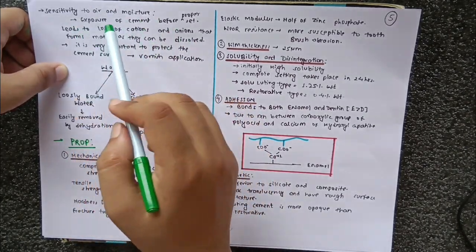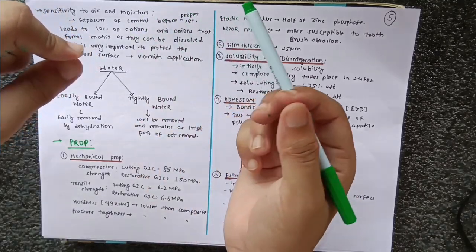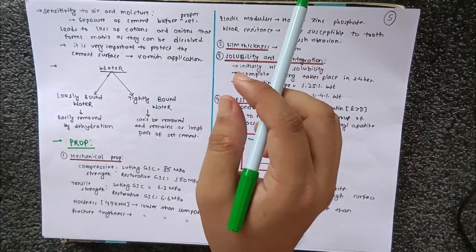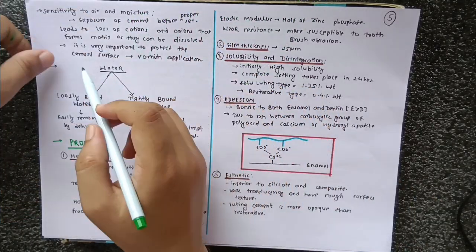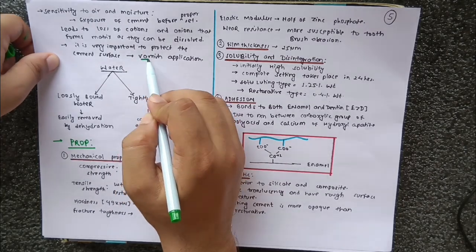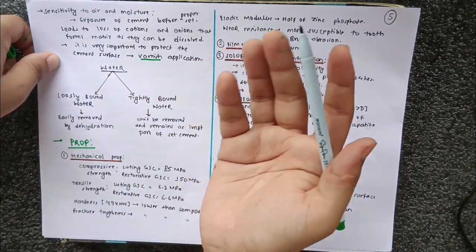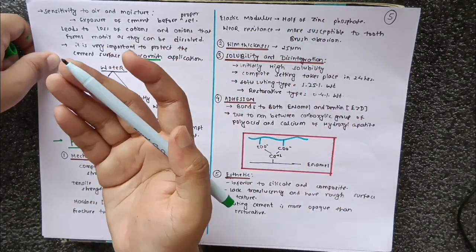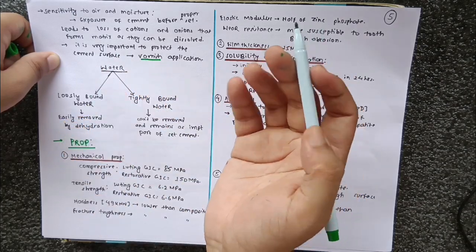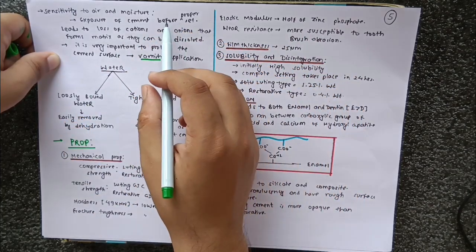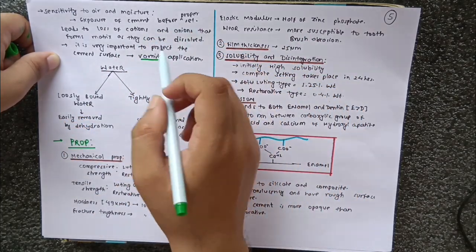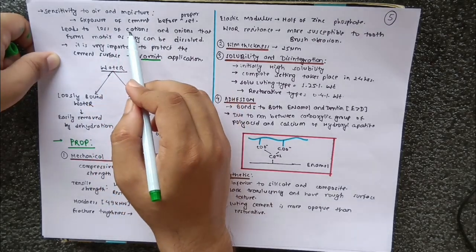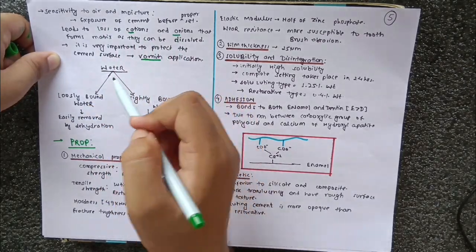The recently set GIC is very sensitive, so it should be protected with varnish. We apply varnish as we did with zinc oxide eugenol and zinc phosphate. Before the proper set, loss of cations and anions can take place, so we apply varnish over it.